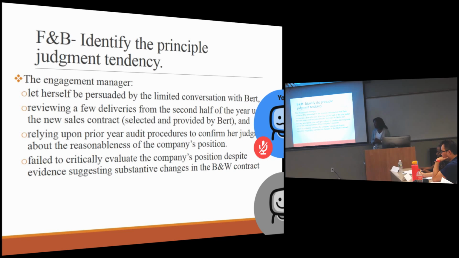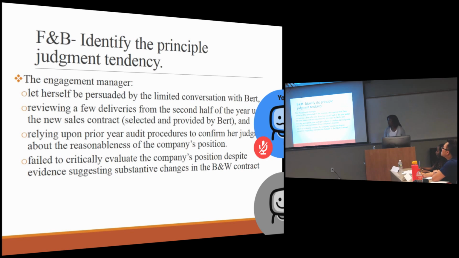Again, she relied upon prior year audit procedures to confirm her judgment about the reasonableness of the company's position. So again, if you just use last year's audit procedures and just apply it to the analysis that Bert gave you, of course it's going to work out because he's giving you those cases where the recognition was exactly the way it was with last year's situation.